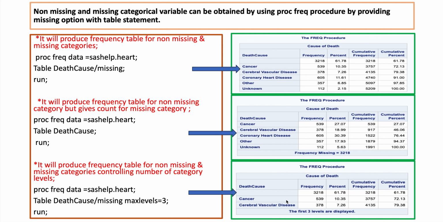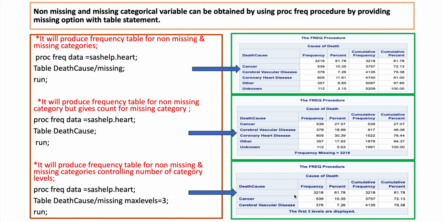It has included the missing category in the frequency table, but it has displayed only 3 category labels, because we have mentioned here max labels is 3. Those labels are counted from the top. That's why it has included the missing label.